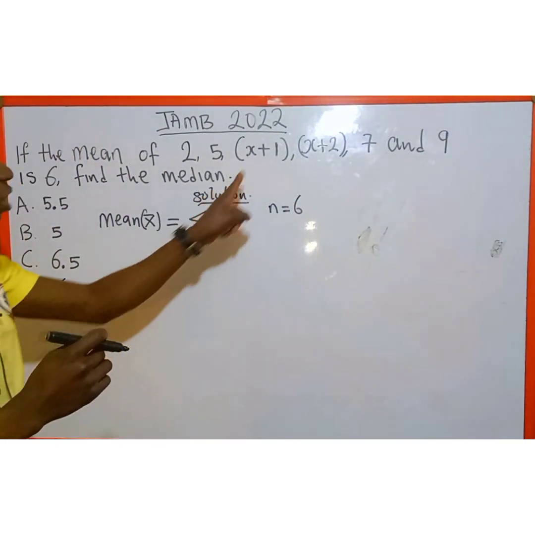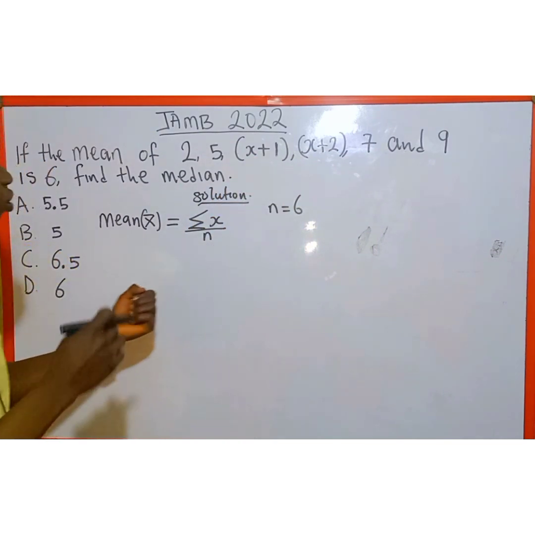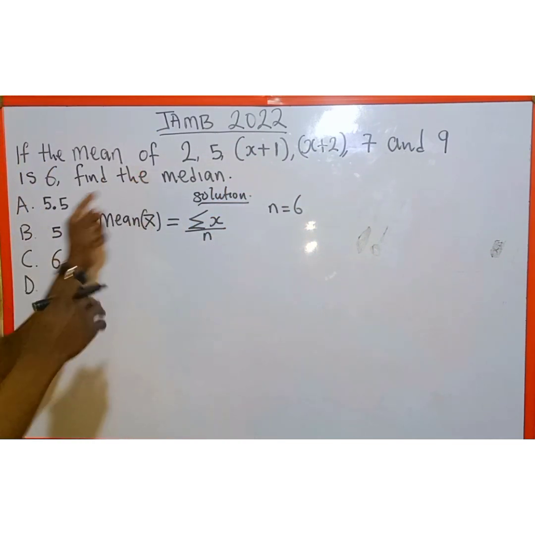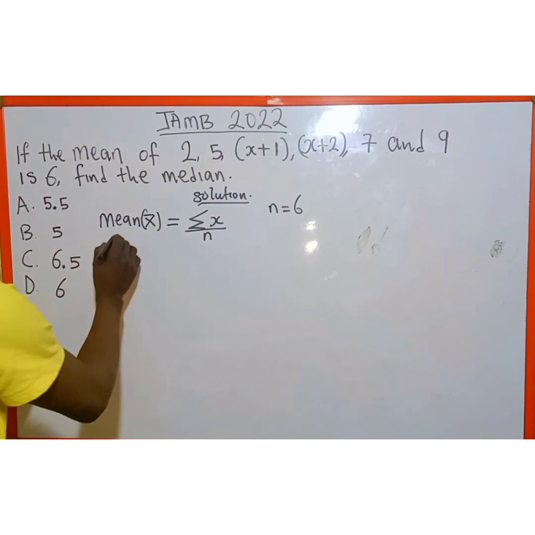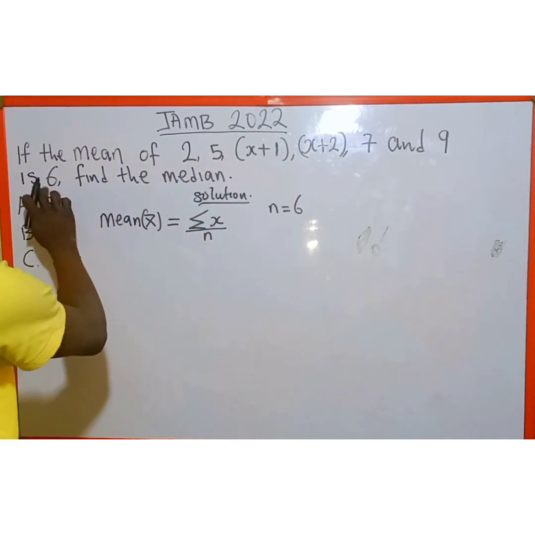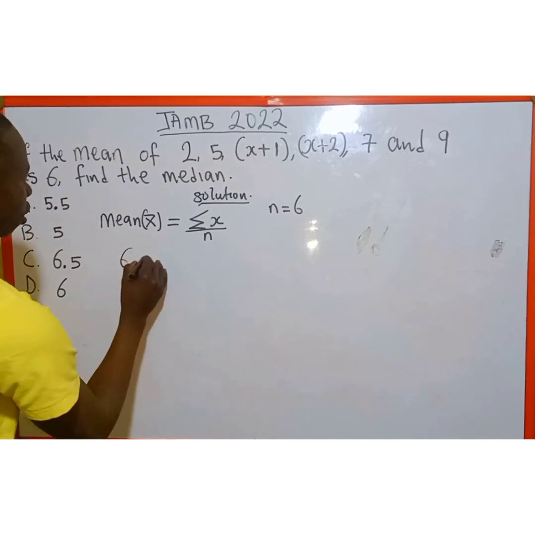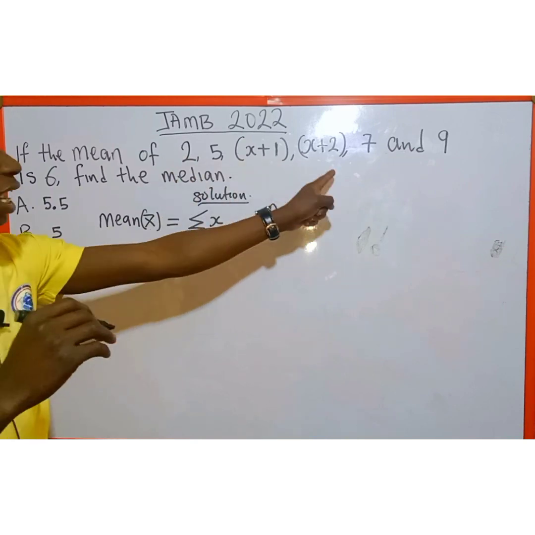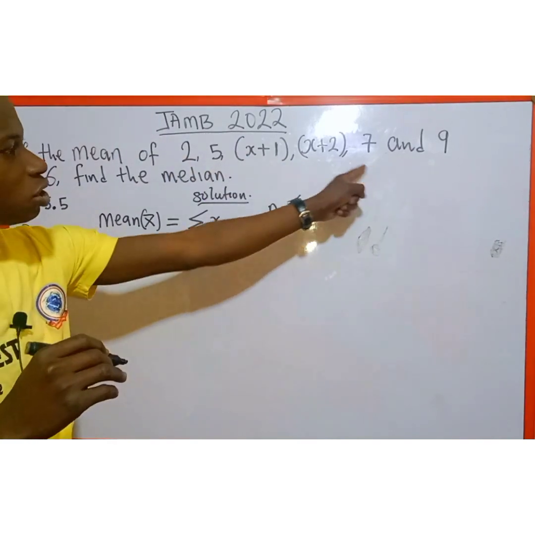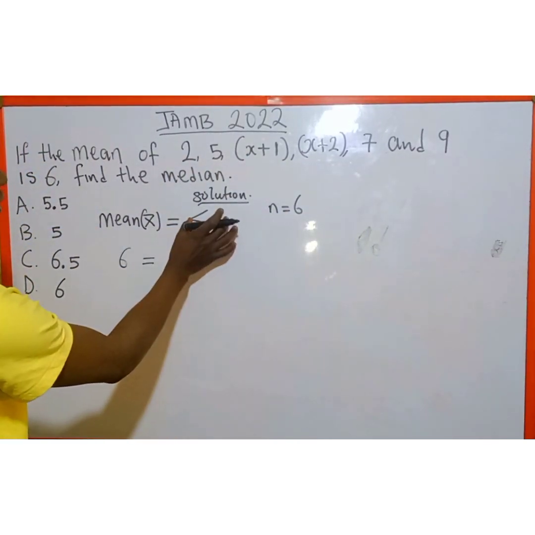To get the value of this unknown, what we are going to do is to substitute. If you see the question, the mean is given as 6. So we substitute the mean here as 6, because the mean of this data is 6, which is equal to the summation of x. We sum up all these numbers together.